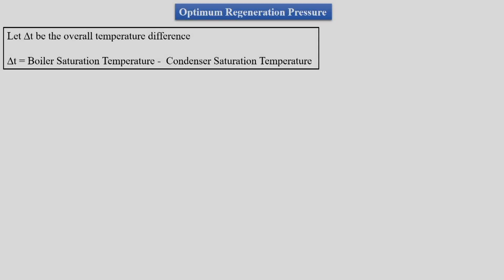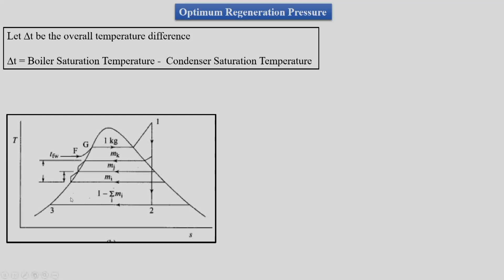Having said that, with the change in efficiency being a positive number for regeneration, now let us see how to find out more than one case if we have many regenerations or many feed water heaters. Delta T is the overall temperature difference between the boiler saturation temperature and the condenser saturation temperature.